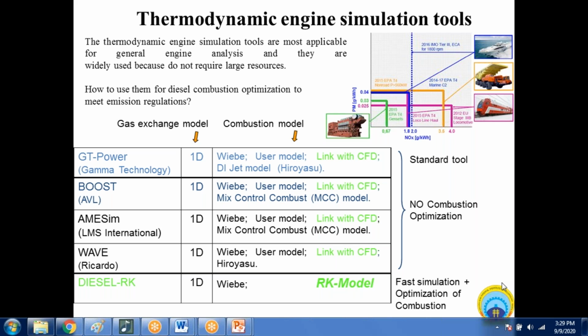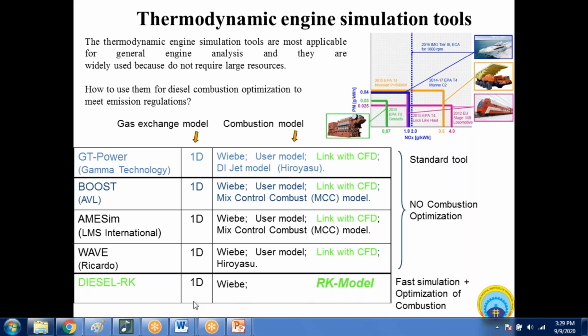So that is the main advantage of this software, Diesel-RK. We can do fast simulation and it will take less time, and for the optimization of combustion, we can do optimization with the help of this Diesel-RK software.